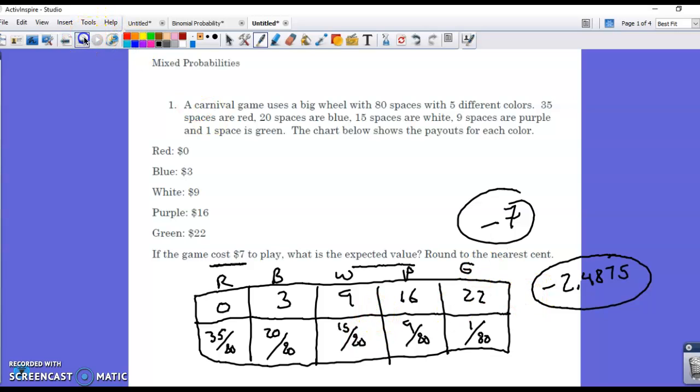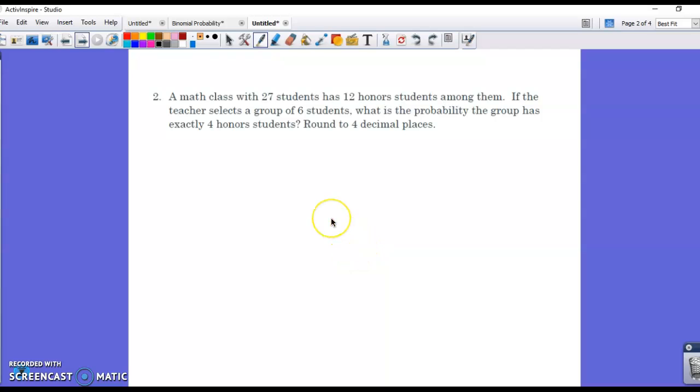All right. Number 2 on the quiz goes back to the combinatorics. A math class with 27 students has 12 honor students among them. If the teacher selects a group of 6 students, what's the probability the group has exactly 4 honor students?